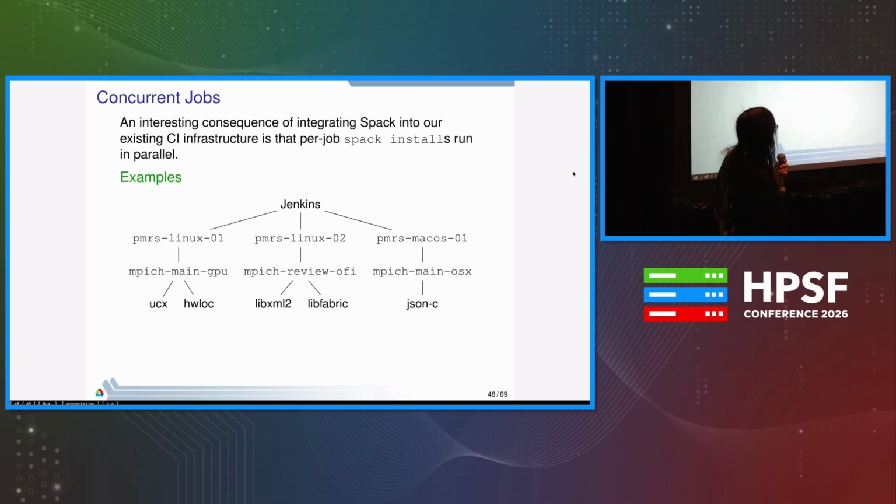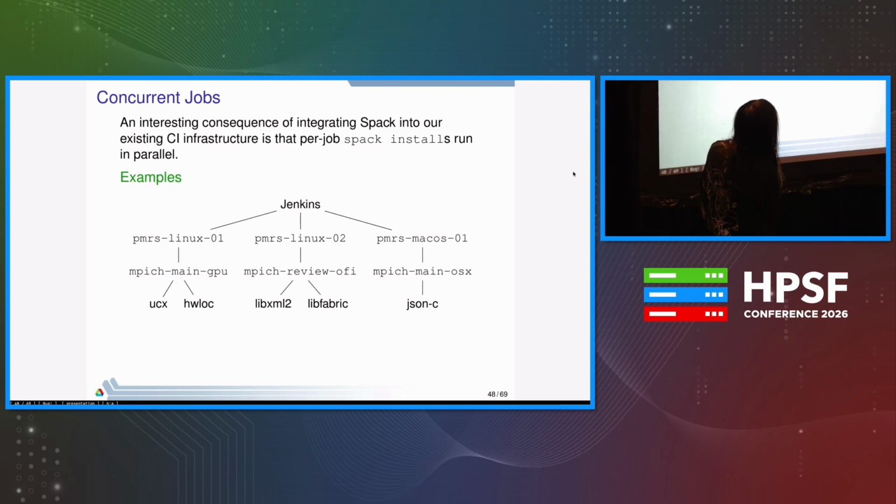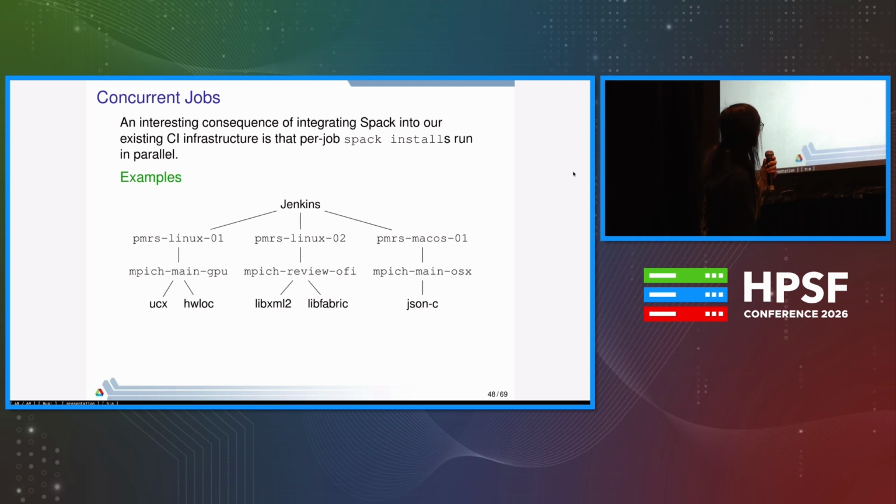So for example, I have an example here where there are 3 separate jobs, completely different versions of MPICH with different configure flags being built, but the common ground is that all of them rely on having an embedded version of hwloc, all of them rely on having an embedded version of UCX or libfabric, depending on which option was selected, or all of them require a version of JSON-C, for example.